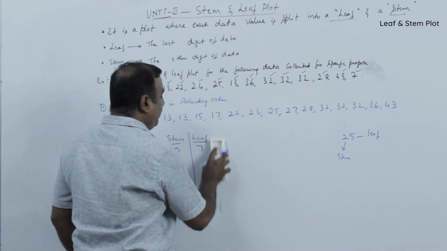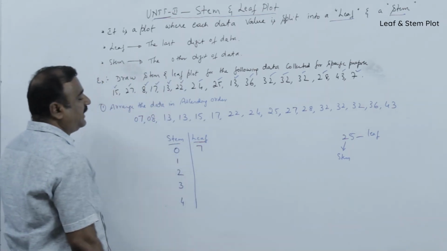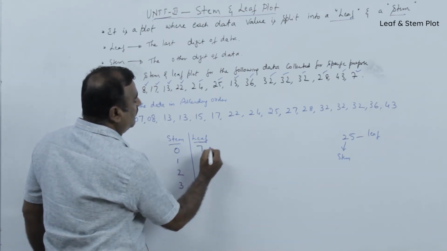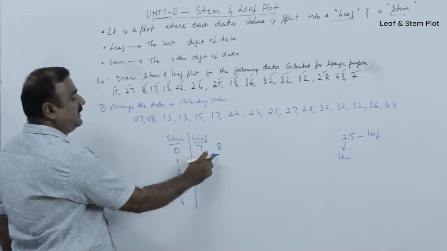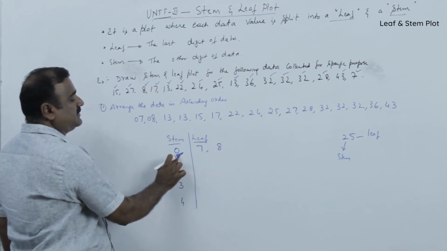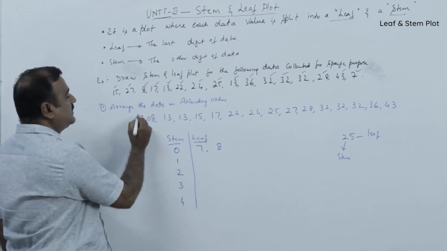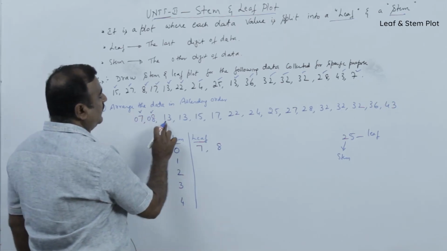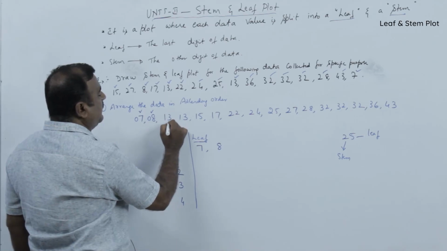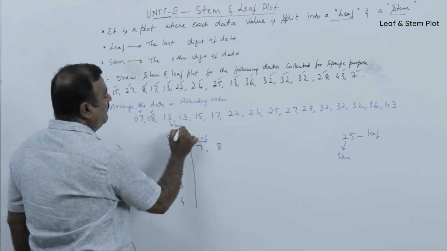Again, the next value is 08. After 7, put a comma, and the next is 8. So 8 also comes in this same row: 0 | 7, 8. Two data values I have represented already. Next comes the second group, 13. This becomes the leaf and this becomes the stem.